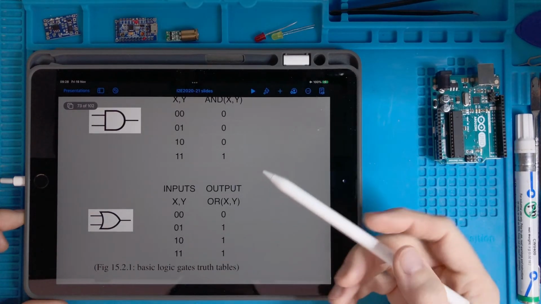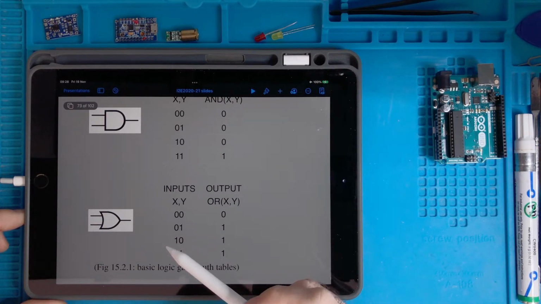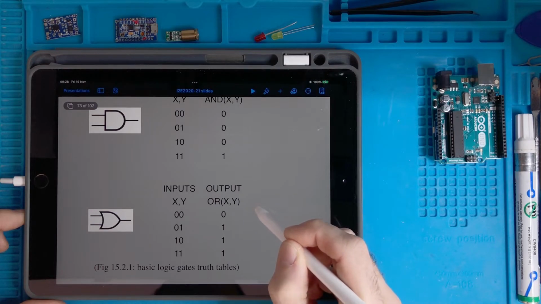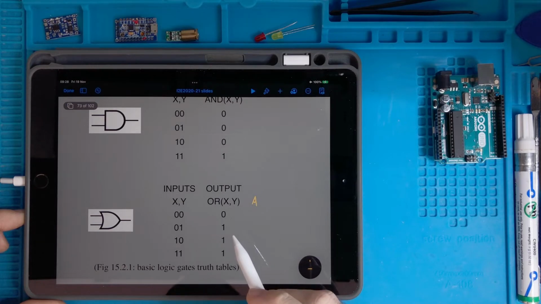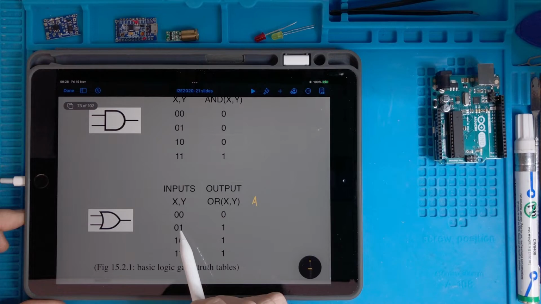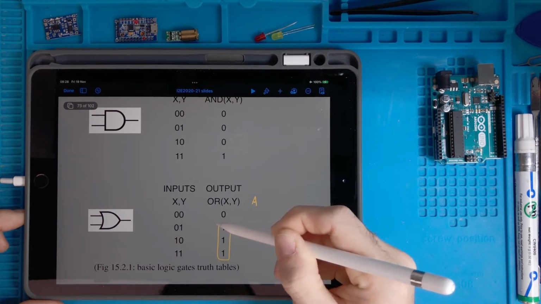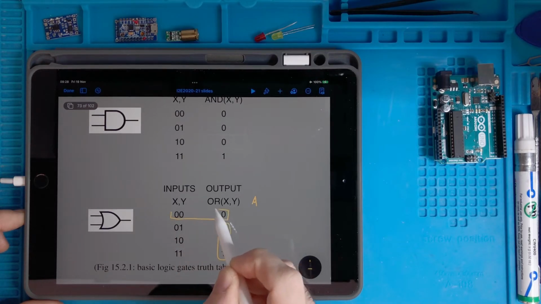So the OR gate, if we think of the sets corresponding to the operation, has this behavior. We want the result of our operation A to be part of the output set when Y is present in the set, or X, or both. So we have this behavior here, and the only case that makes our output 0 is this.